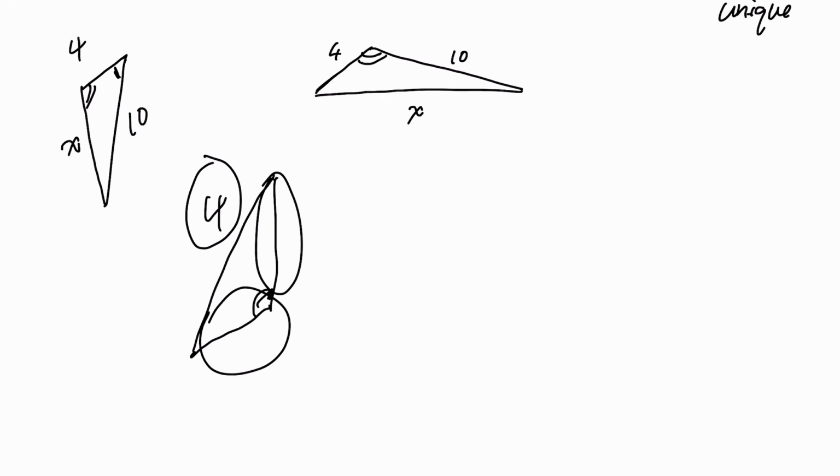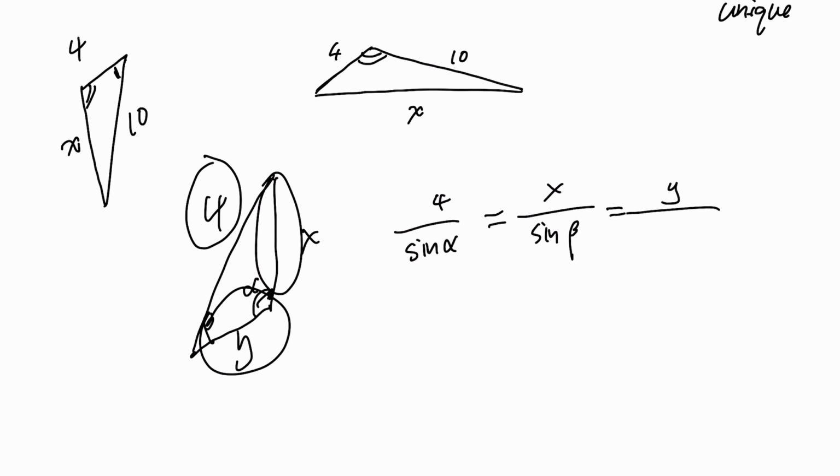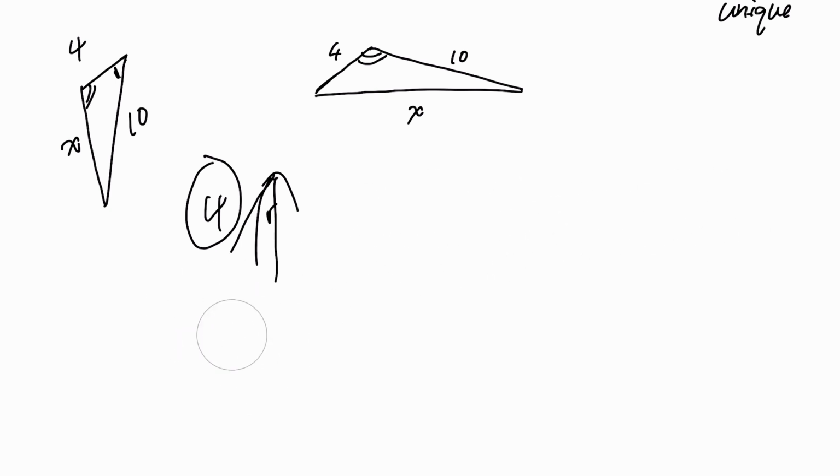We can see that from the law of sines, where 4 over sine of alpha, let's just name this alpha, is equal to the other sides, let's name them x and y, x over sine of beta, well, beta is the angle opposite to it, y over sine of gamma, which means that 4 has to be the longest side over here, but we already know that there is a side 10, so that cannot happen.